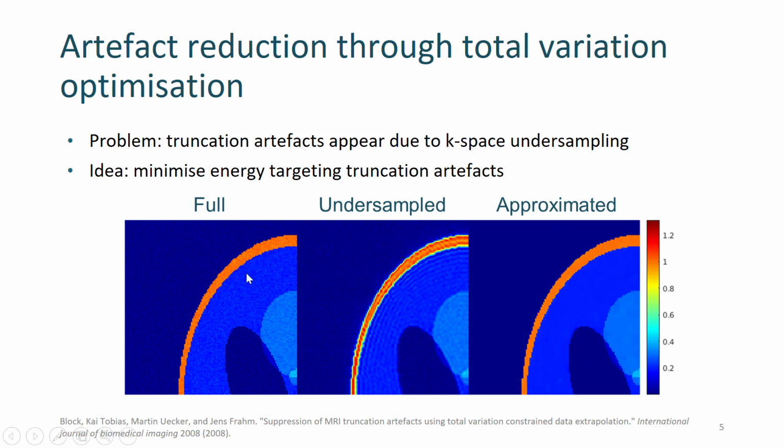In the middle, we see how the phantom would look like if the k-space was undersampled. So if we truncate high frequencies, we see some artifacts characteristic of this truncation process, such as ringing artifacts. And on the right, we can see the image in which these ringing artifacts have been diminished using the total variation framework. So we use that to enhance our images and better quantify perivascular spaces.